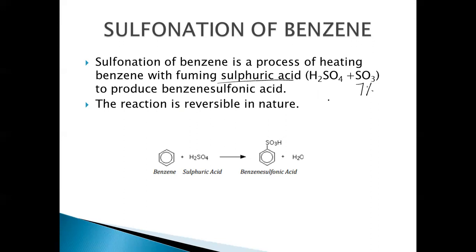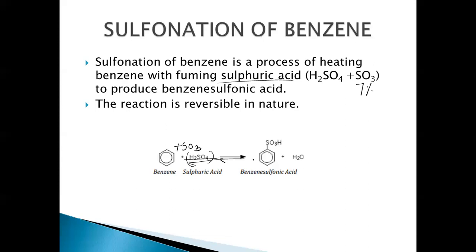Here, this reaction is actually reversible in nature. Benzene reacts with sulfuric acid, where the attacking electrophile is SO3, in the presence of H2SO4, giving you benzene sulfonic acid and water.